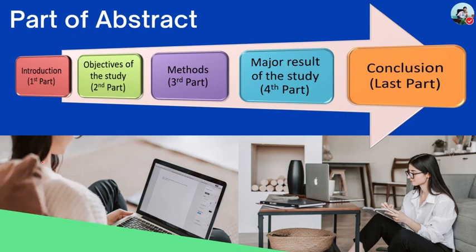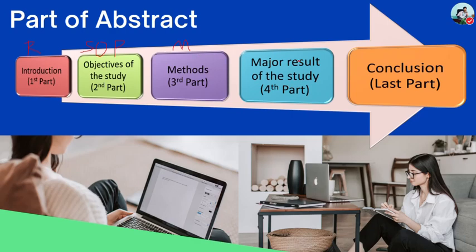Okay, so in summary, we can find this introduction in your rationale. Objectives of the study can be found also in the SOP, or statement of the problem. The third part, the methods, can be found in the methodology.